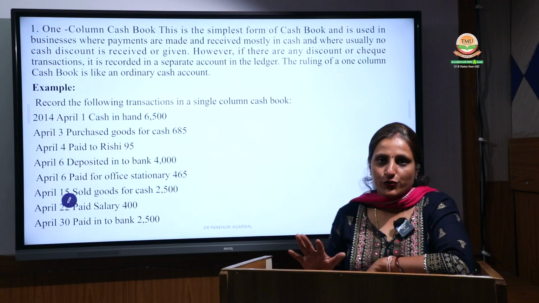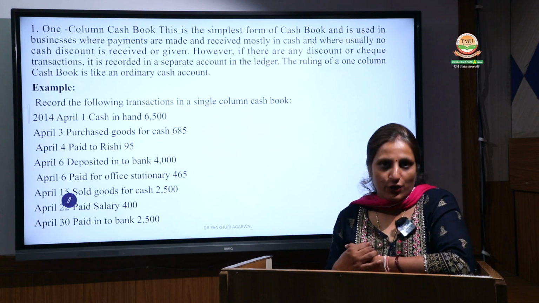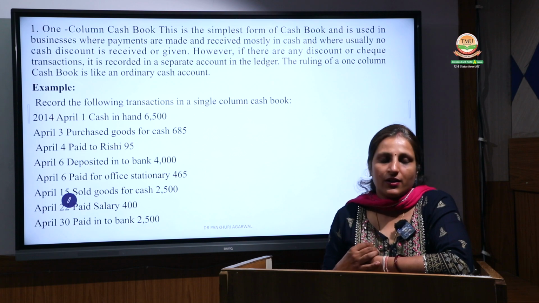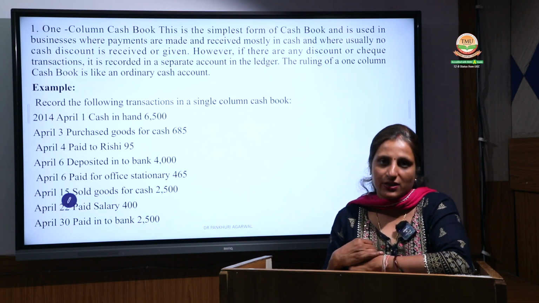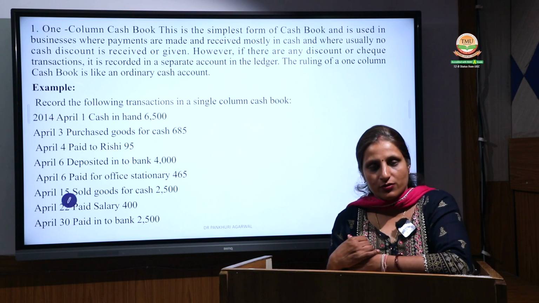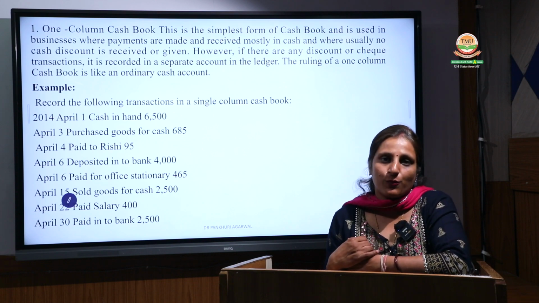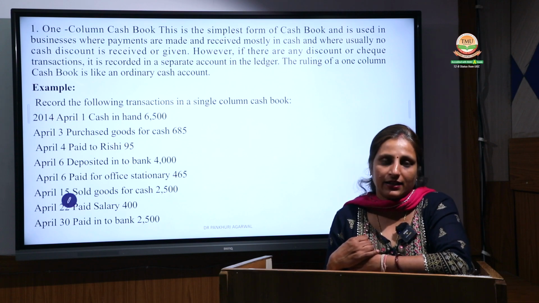Now just understand the question. This is an example that we do today for preparing the cash book. Today we are taking only a single column cash book, so it becomes very easy for you to understand how the entries are posted in the cash book. As I have told you earlier, the cash book is also like the ledger. In the way you post your entries in the ledger account, in the same way you post the entries in the cash book.